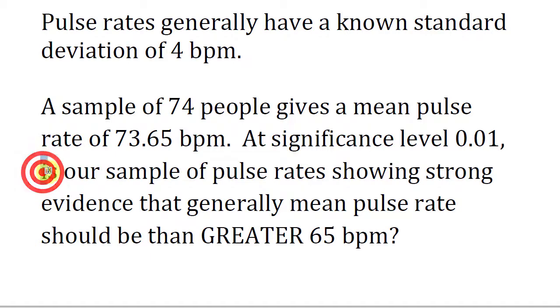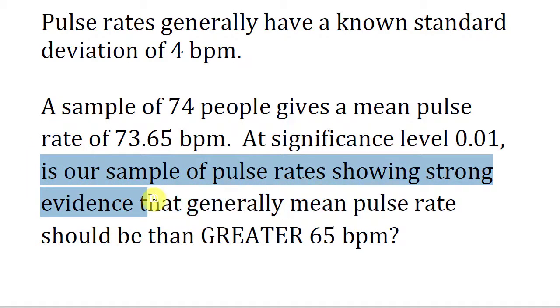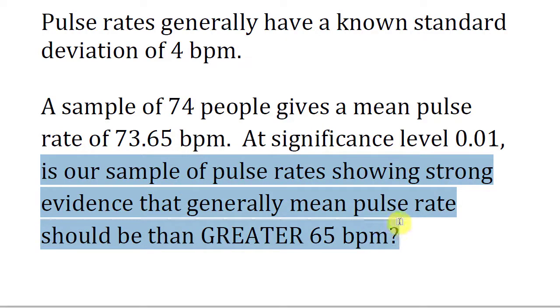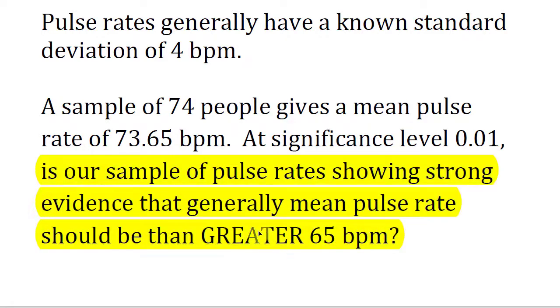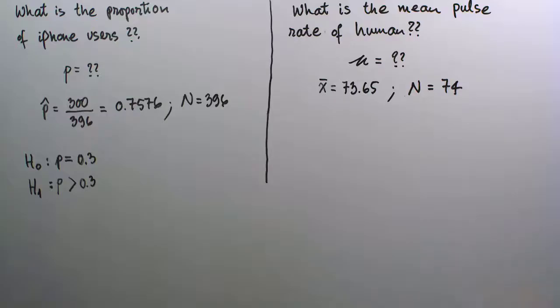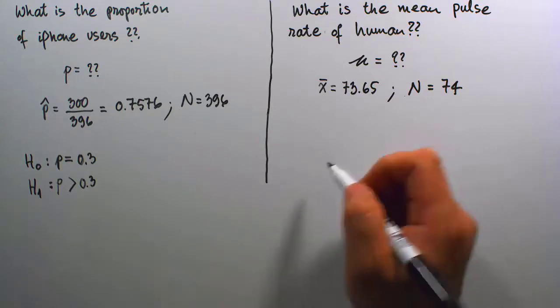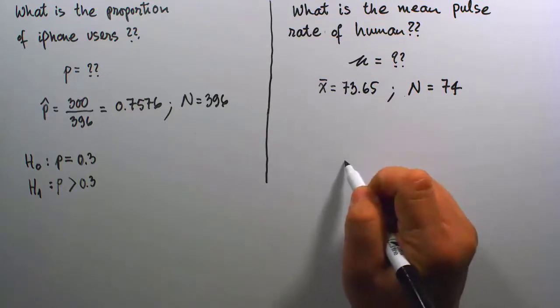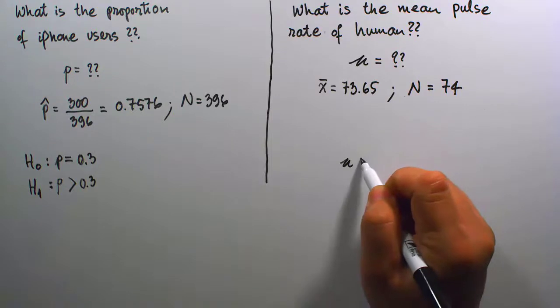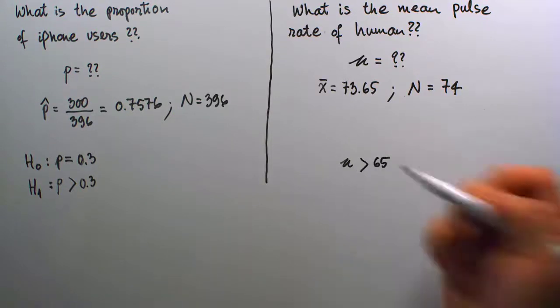But the real question is asking: is our sample of pulse rates showing strong evidence that the mean pulse rate should be greater than 65 beats per minute? So, mu is greater than 65 beats per minute.